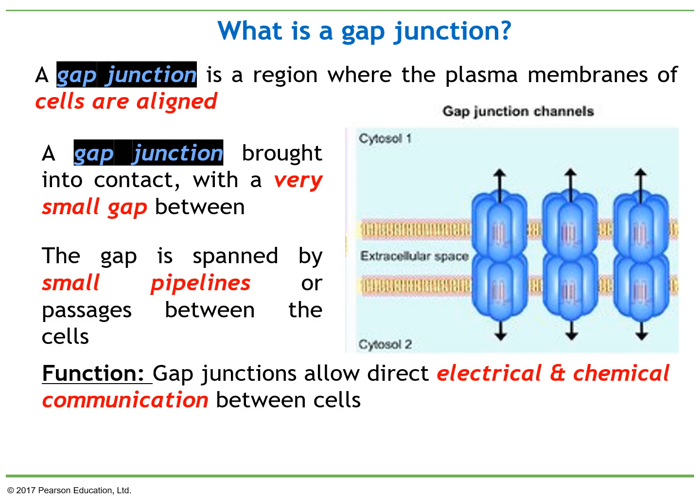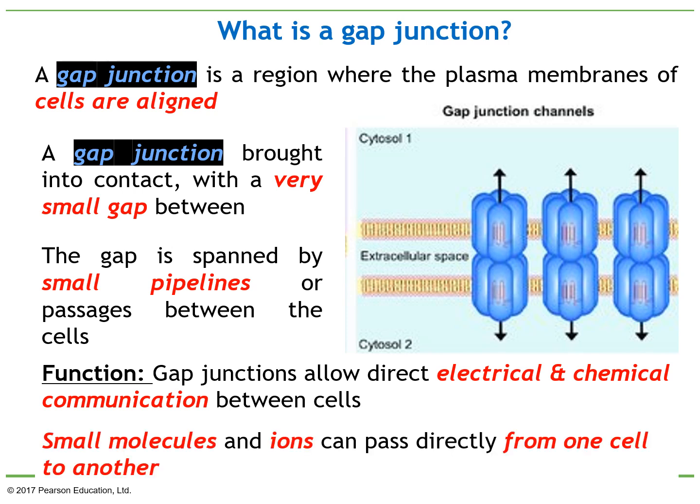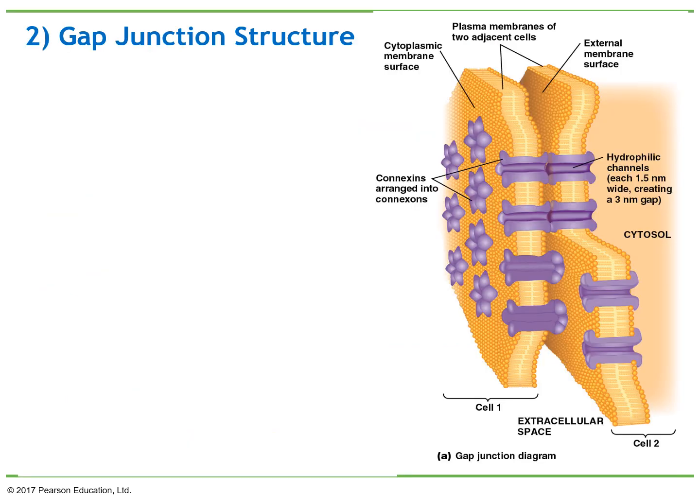They are small pipelines, and the function is electrical and chemical communication. This allows small molecules and ions to pass directly from one cell to another.